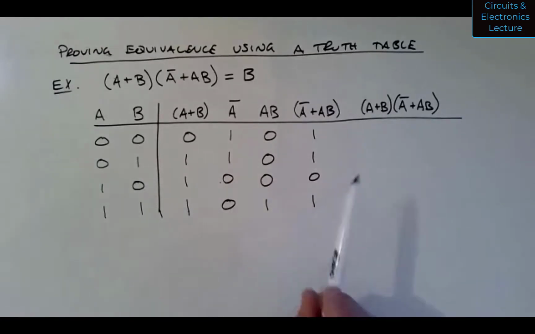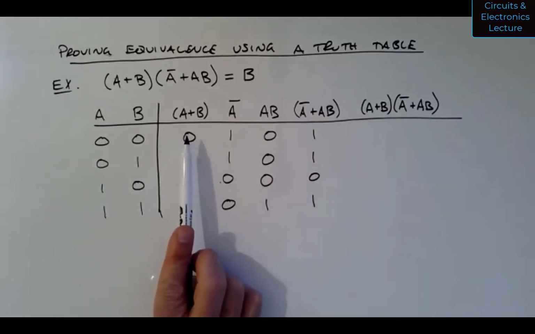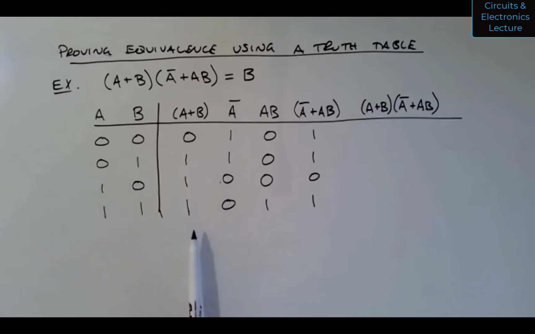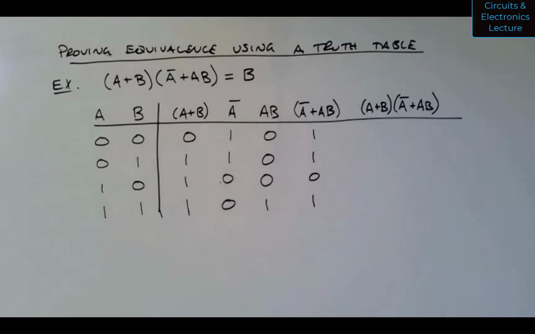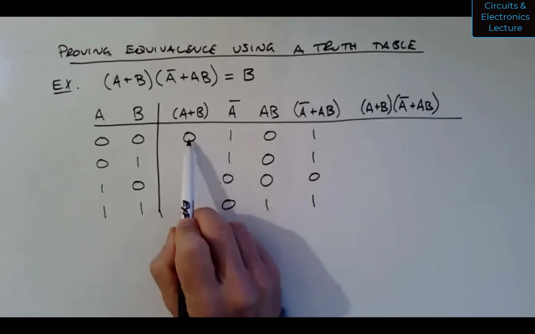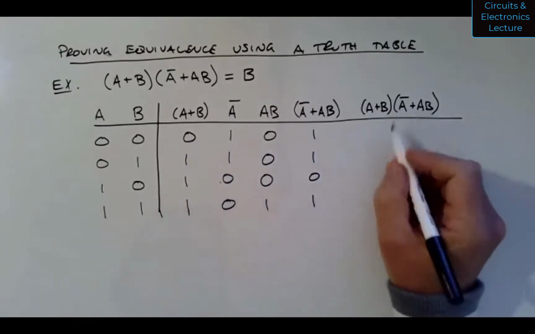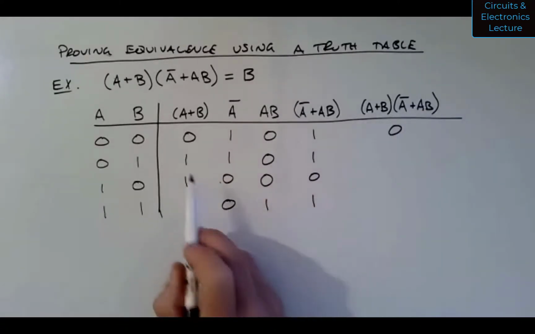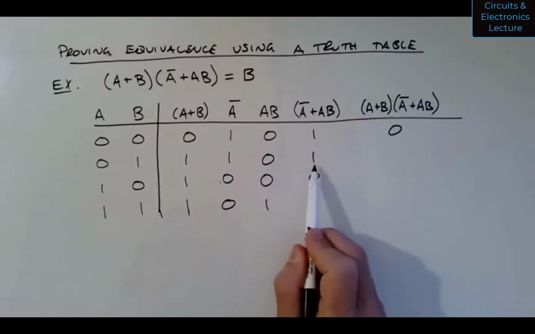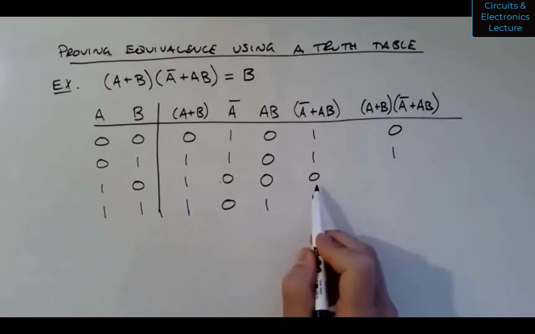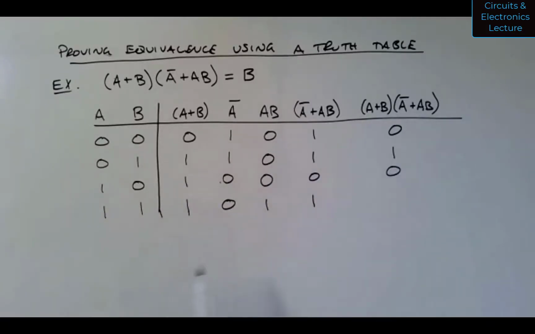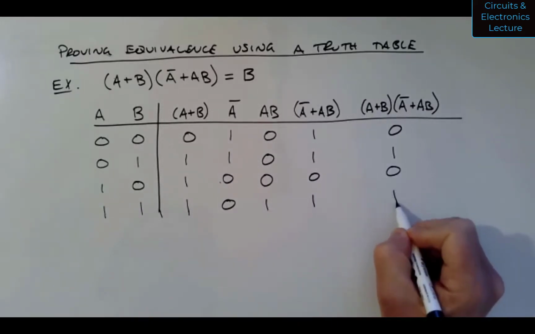Now we are looking at this column and this column, and we are ANDing those together. So I get 0 and 1, 0, 1 and 1, 1, 1 and 0, 0, 1 and 1, 1.